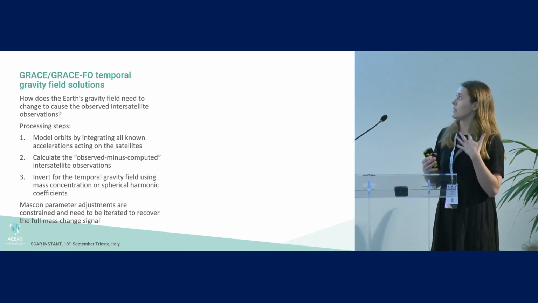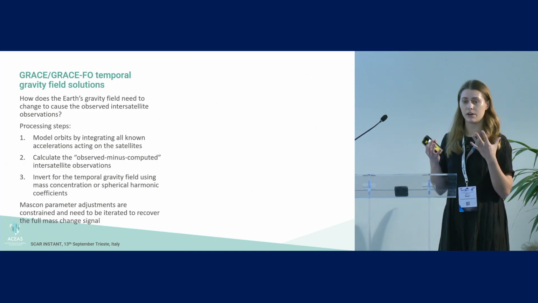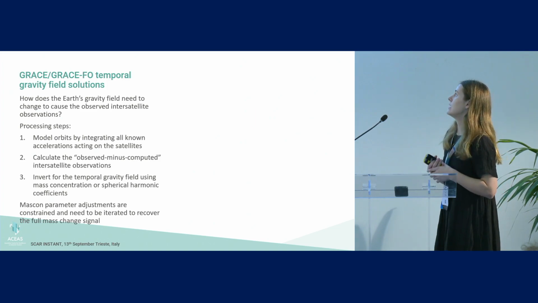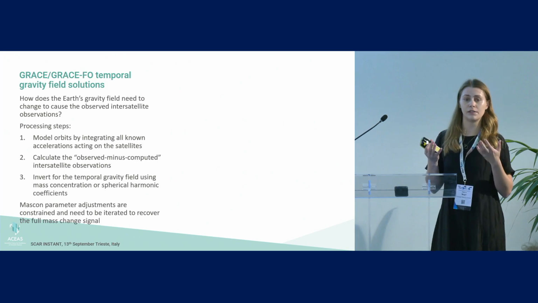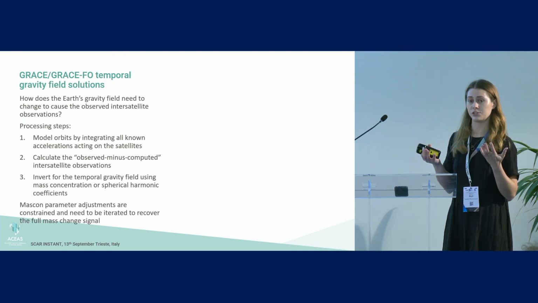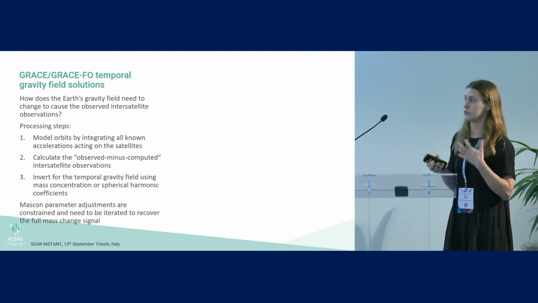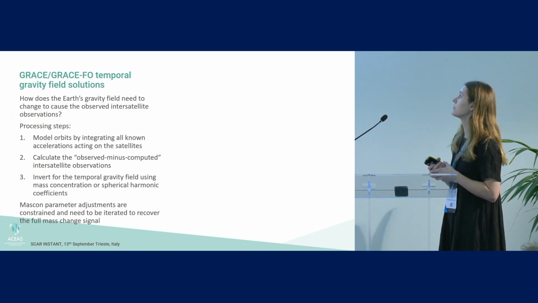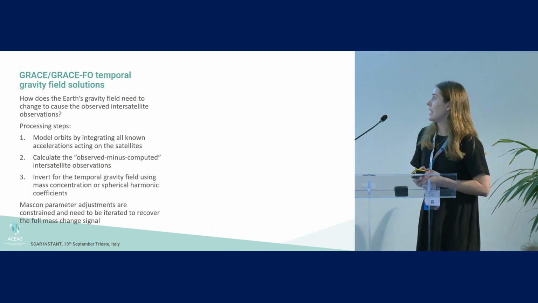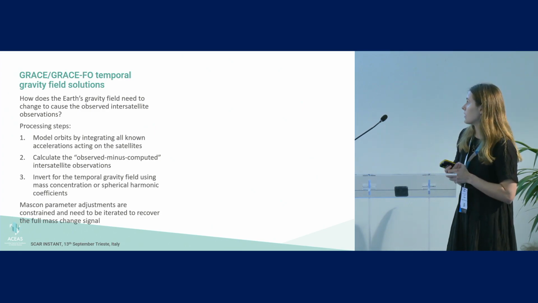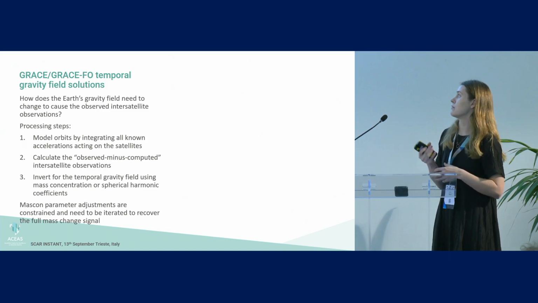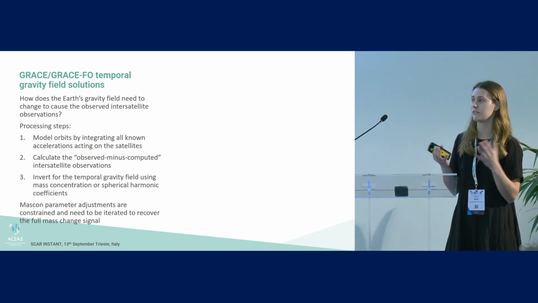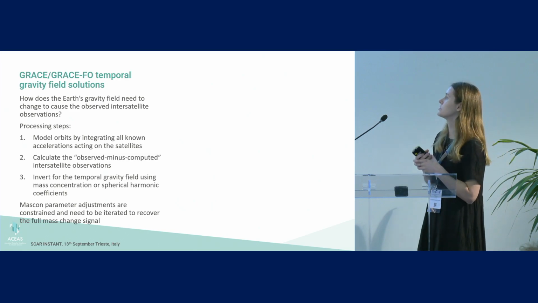We have to model the orbits, integrating all of the different accelerations that we know are acting on the satellites, and we're left over then with the orbit perturbations that are caused by those changes in water masses as they move around the surface of the Earth. So we then are able to invert for the temporal gravity field, and we can use something called mass concentration elements to parameterize the temporal gravity field, or we can use spherical harmonic coefficients.